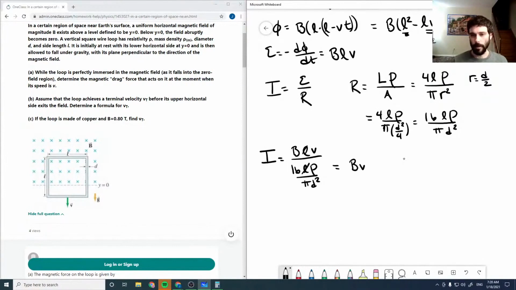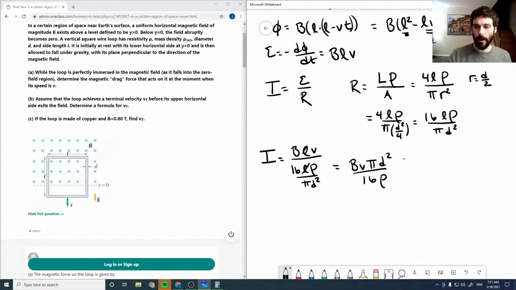So BV pi d squared over 16 rho, and there is our current. So that's our current given a velocity v.